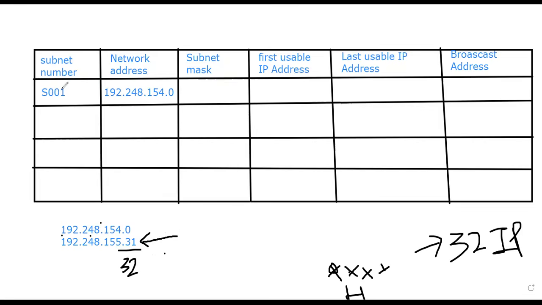It's going to be 192.248.154.31. Sorry, this should be 154, right? Okay, so it's 154.